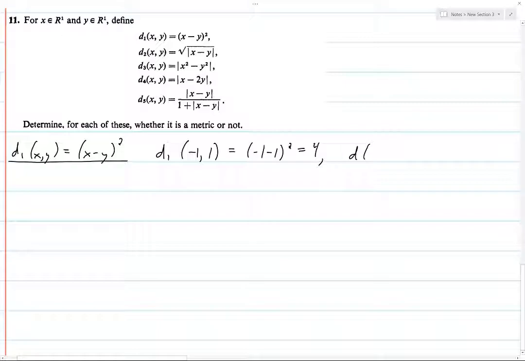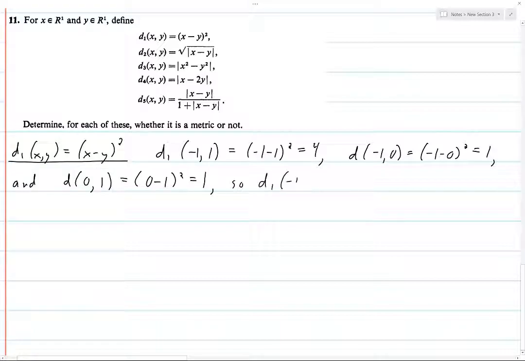The distance between -1 and 0 is going to be -1 minus 0 squared, which is 1. And the distance between 0 and 1 is going to be 0 minus 1 squared, which is also 1.